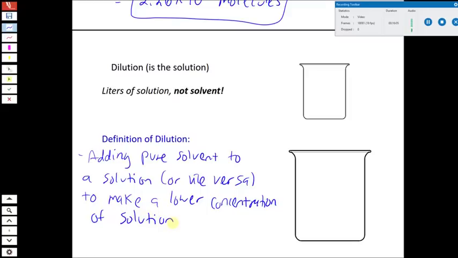So here's a picture of how this could look. So let's say we have a solution here. Remember, a solution is going to have something dissolved in water. So let's say these little red dots are some solute molecule that's dissolved.